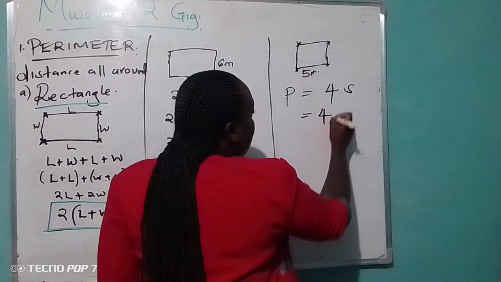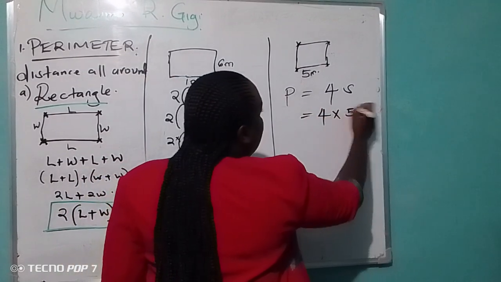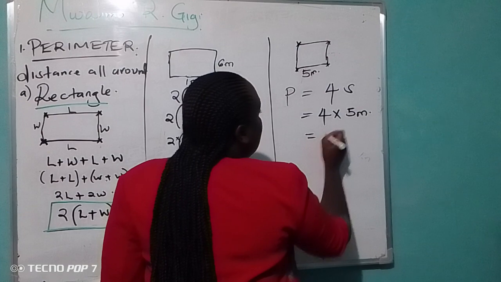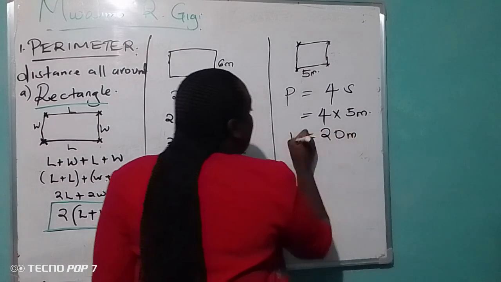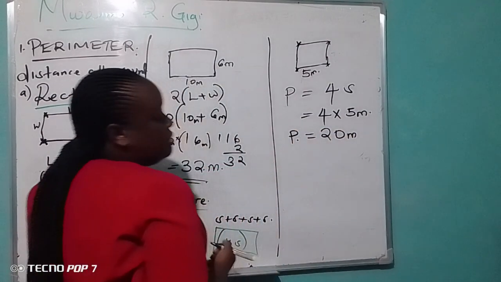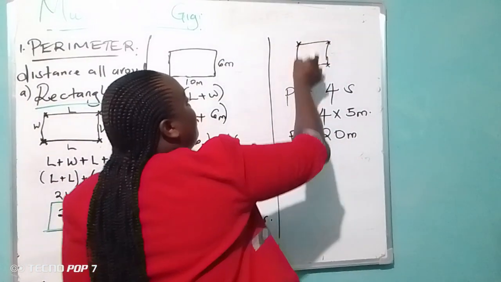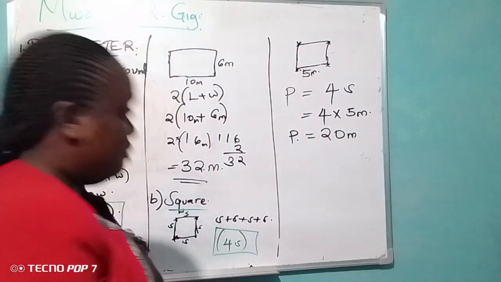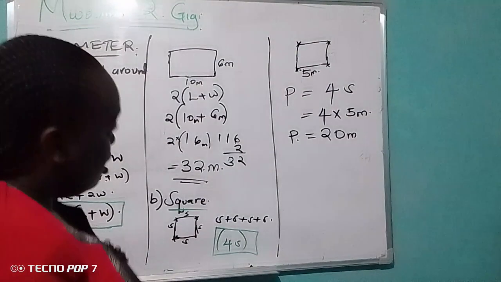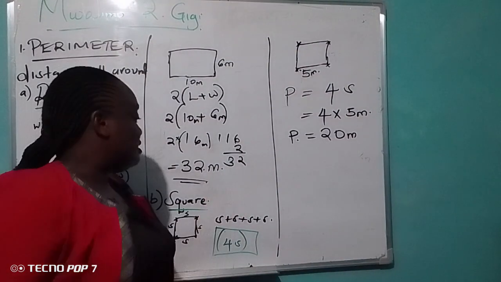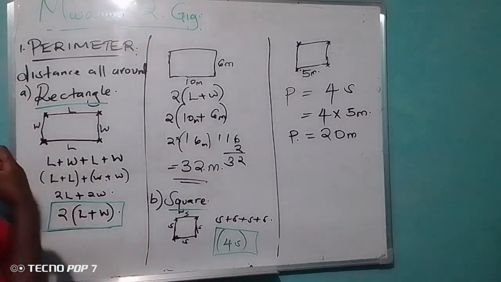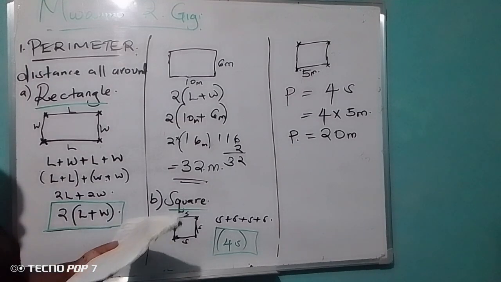Then you say 4 times 5 meters. Itakuwa 20 meters. So your perimeter is 20 meters. 5 plus 5 plus 5 plus 5. Inakuwa 20 meters. Answer. Perimeter si ngumu, sio? Perimeter si ngumu. Okay.